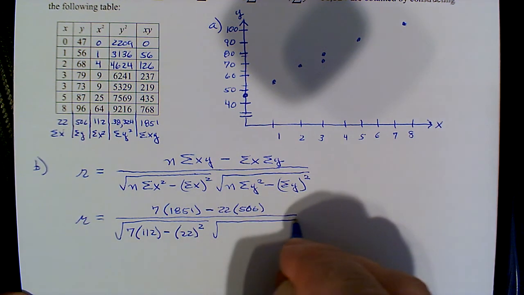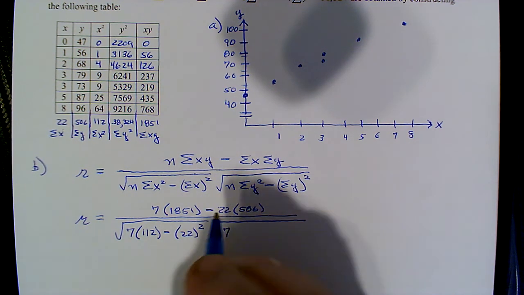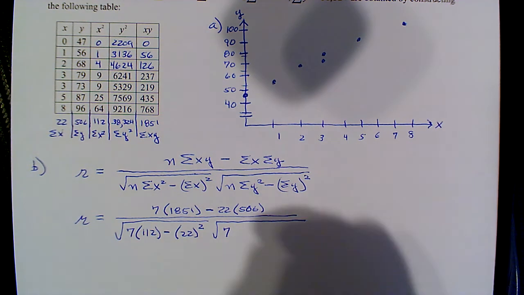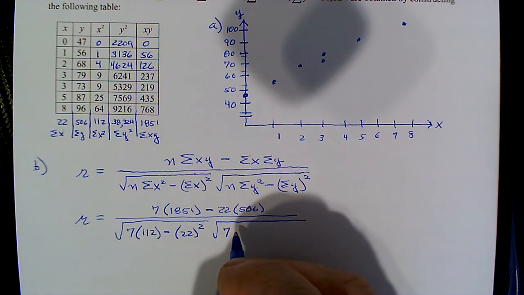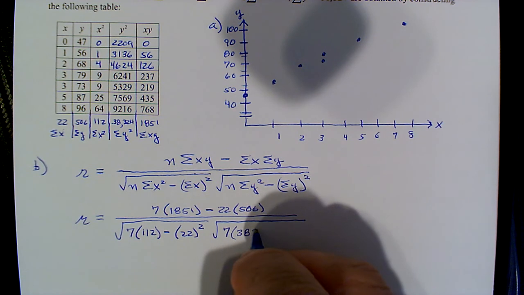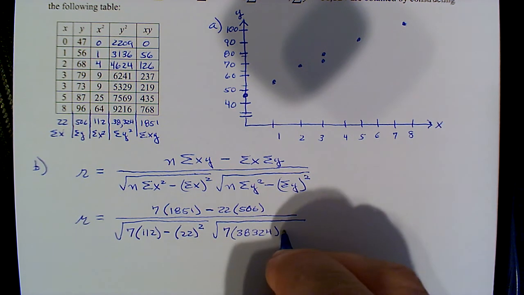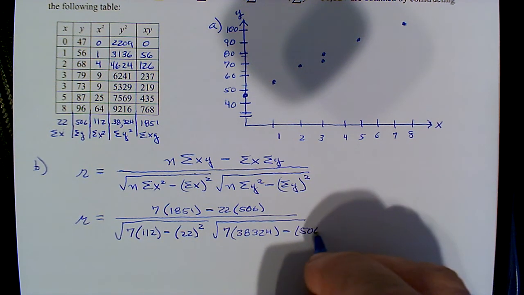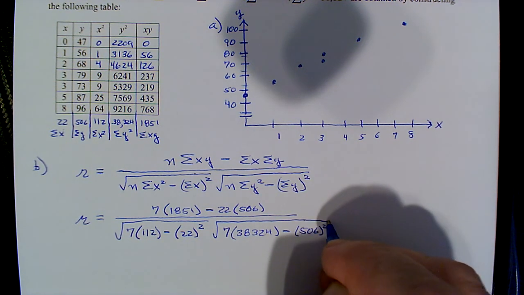And then under the second radical, n, which is 7 again, times the sum of the y squareds, which was the 38,324, and then minus the sum of the y's, the 506, as a quantity squared.